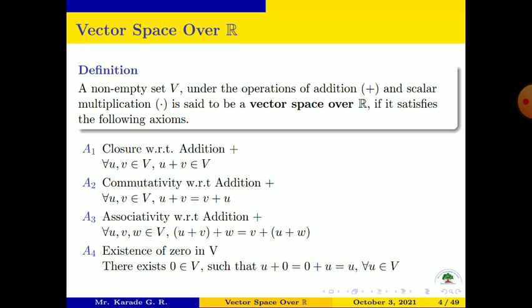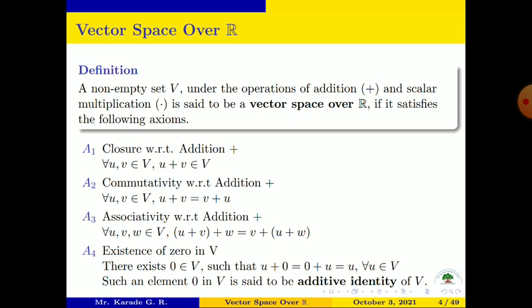Means if we add that 0 to u, there is no change in the vector u, or if you add u to 0, again there is no change in vector u. u remains as it is, and it must be true for all vectors u in V. So this is called existence of 0 in V. So to become a vector space, the non-empty set V must satisfy this fourth condition also.